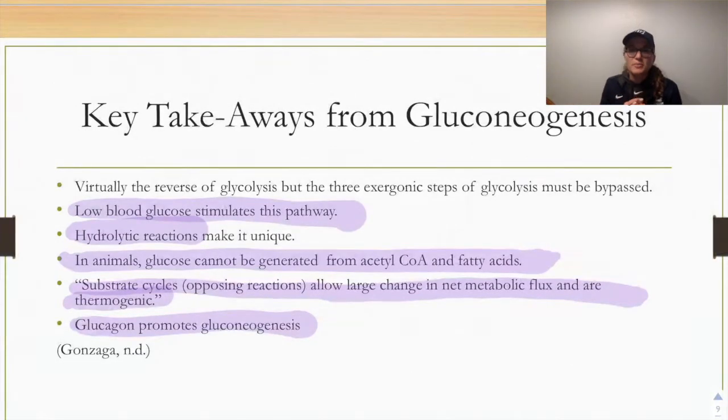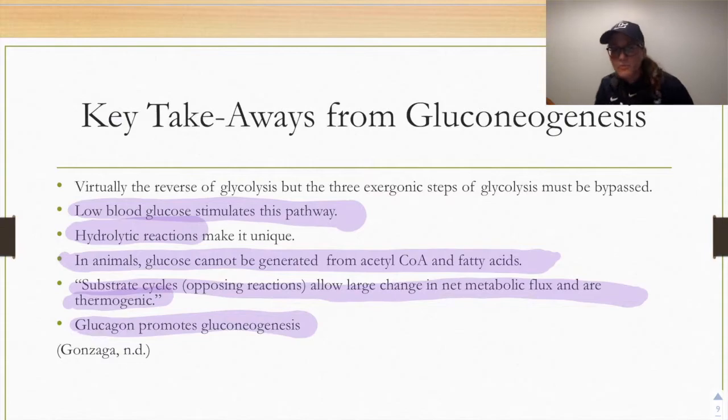So I mentioned earlier about how our body and God has created us in such a way to have a balance between insulin and glucagon. And if insulin promotes glycolysis and glucagon promotes gluconeogenesis, they're going to work hand in hand to keep our body in balance and in equilibrium so that we can maintain a very good level of blood glucose.